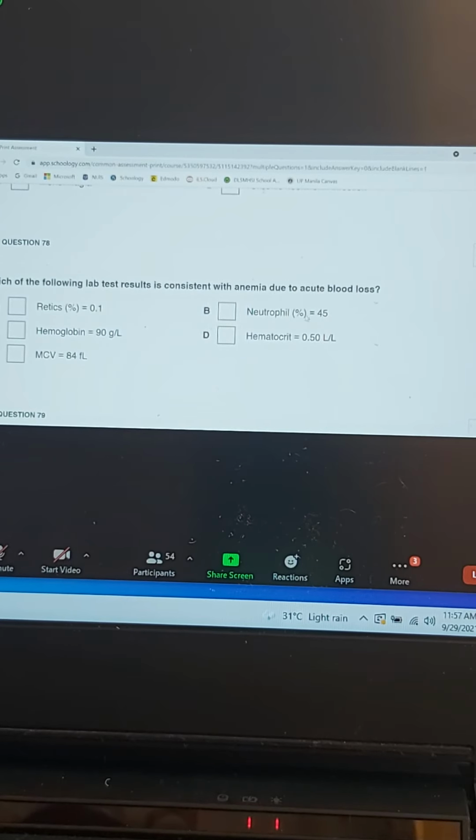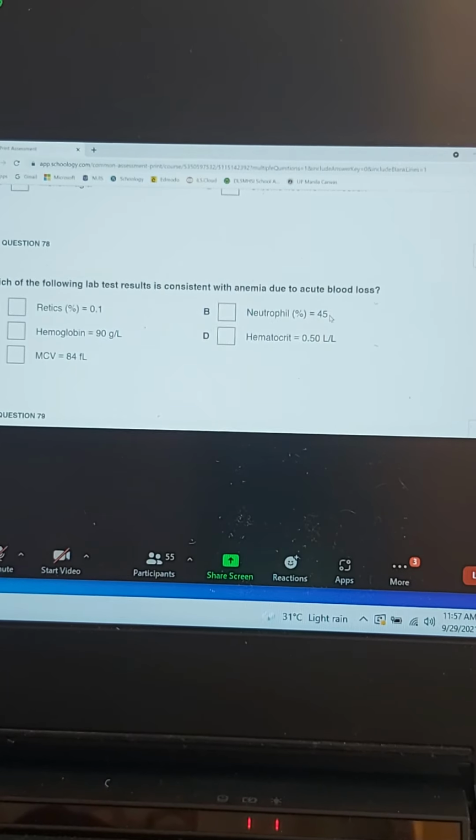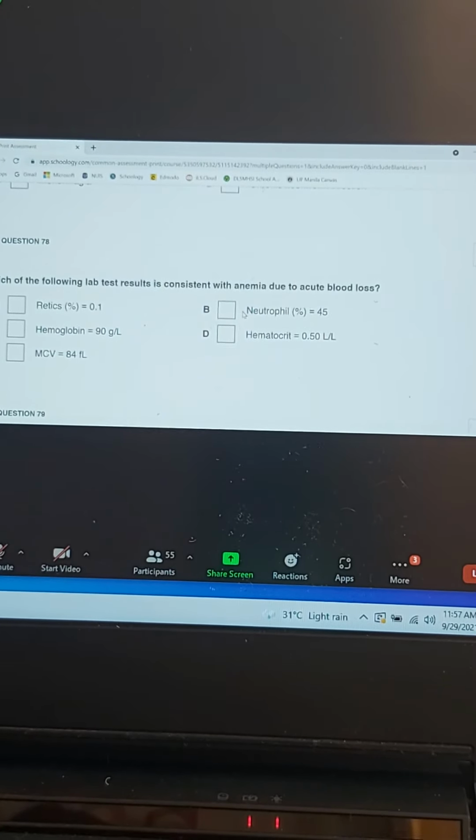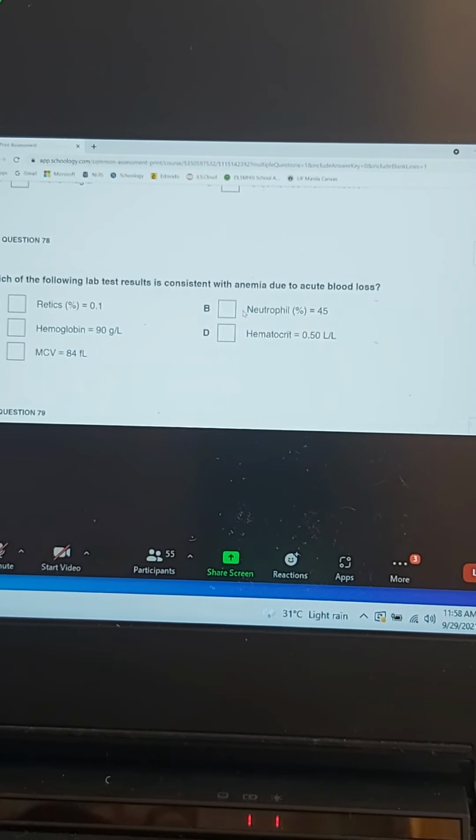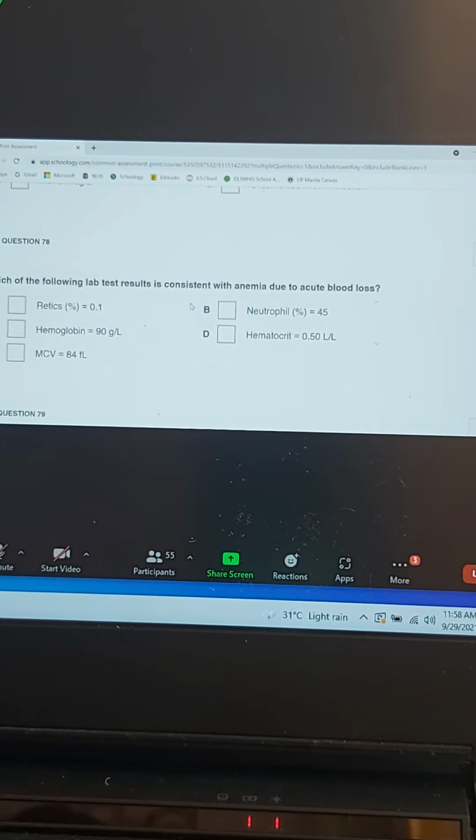Usually nasa 70. And in acute blood loss, nagkakaroon tayo ng transient neutrophilia. So dapat mas mataas sa 70. Eh kaso 45 to. This is neutropenia to. Nakasunod ba? Yes po. Okay, so neutropenia to, so definitely letter B, hindi na siya kasama. So A, mali, B, mali.